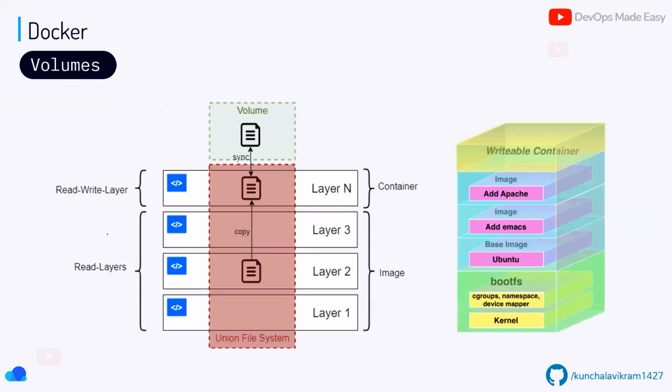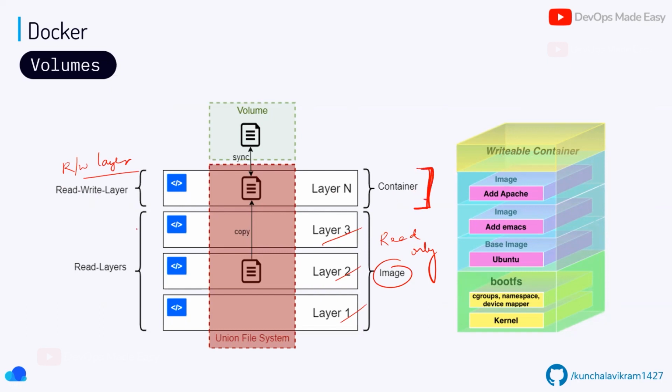We know that an image is full of layers. We have layer 1, layer 2, layer 3, up to n number of layers. All these are from the image and these are read-only layers. On top of the read-only layers, there will be a read-write layer, also known as the writable layer. This is where the container is going to store the data.